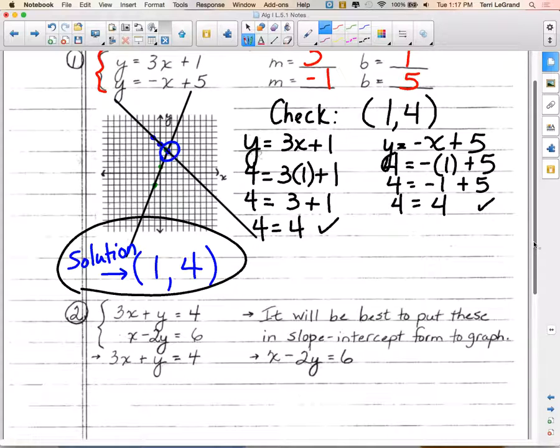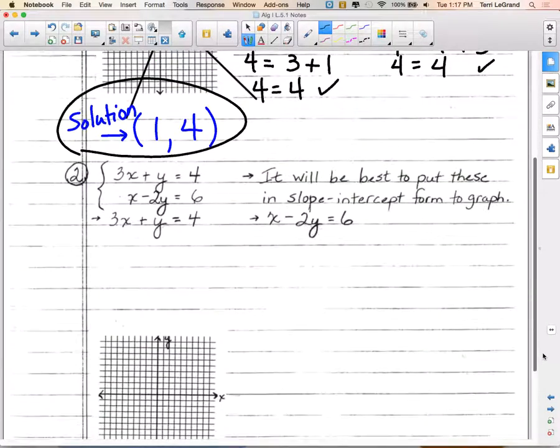Okay. The graphing calculator is handy for this one because they were already in slope-intercept form. That's the only way we can put them into the graphing calculator. But notice our problem number 2. Are they in graph-friendly form? No. And look at what I say: it will be best to put these in slope-intercept form. Some of you would say, well, wait a minute, I would rather make a table.